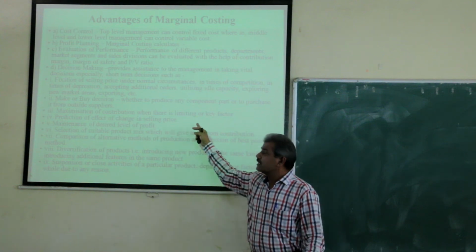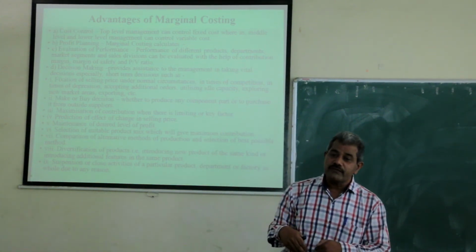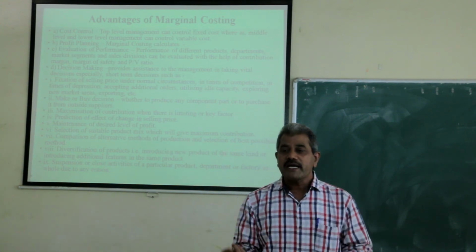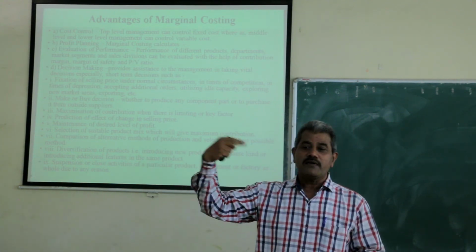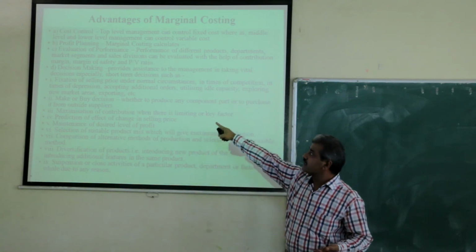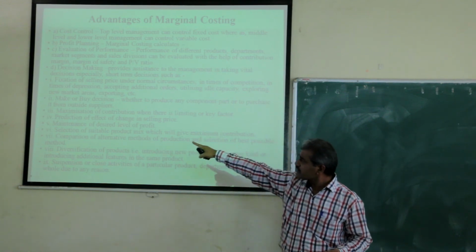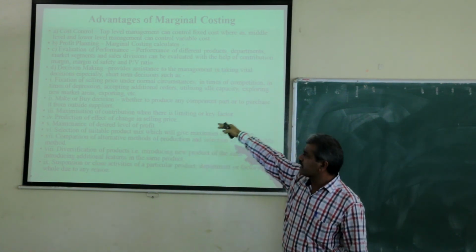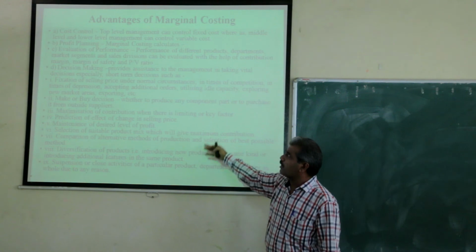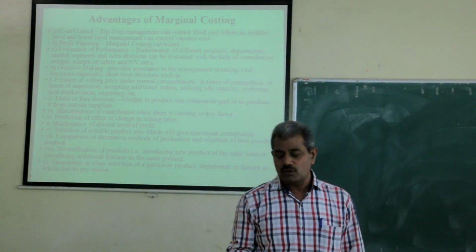So which decision is to be taken? Either we have to produce it in our factory, or we can buy the ready-made products from other suppliers. That decision can be taken here with the help of contribution. In the same way, we can take any managerial decision with the help of these marginal costing elements or marginal costing tools.